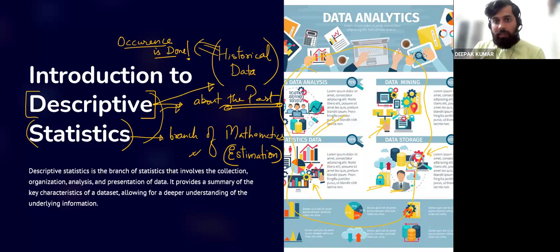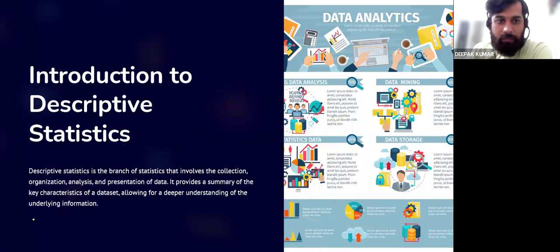To convert any historical data into its equivalent visualization takes a lot of effort. To make this effort fruitful, we use statistics. Inside statistics, especially the descriptive one, which involves multiple things, as written here, the first is collection of data.